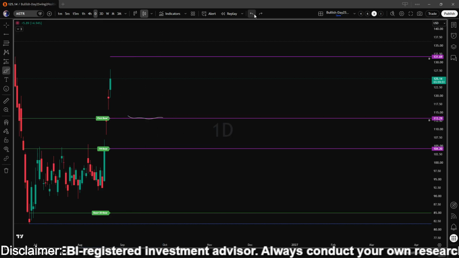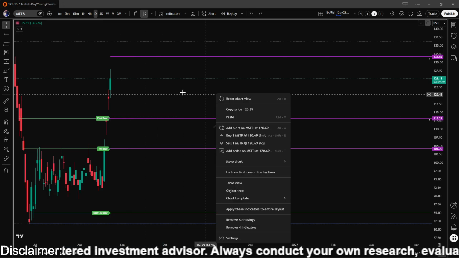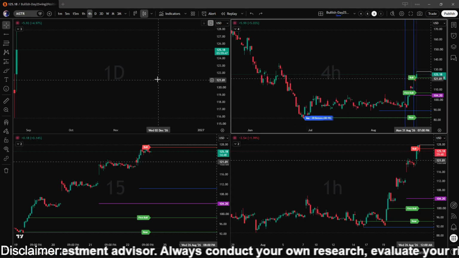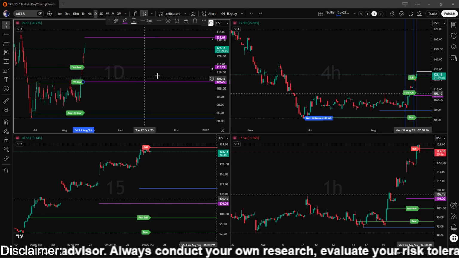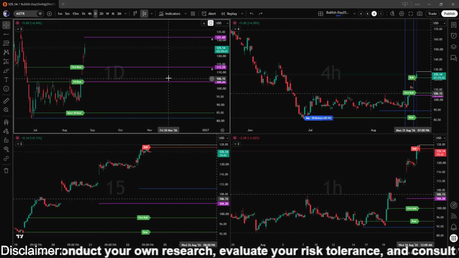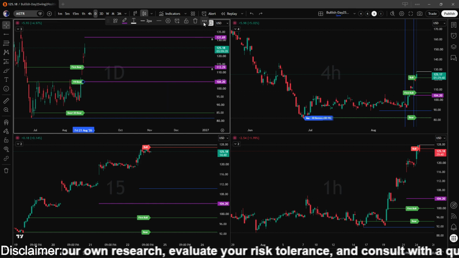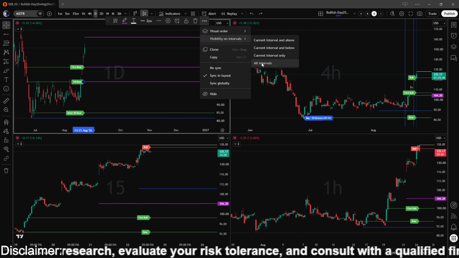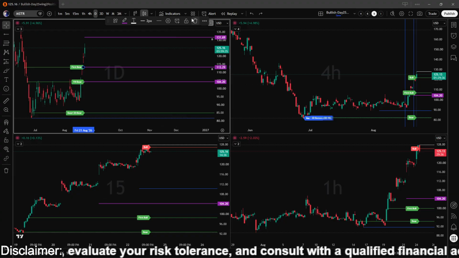So now let's talk about this analysis in the 4 hour time frame. For that, let me sync these levels in the other time frames also, so that we get the overall picture.